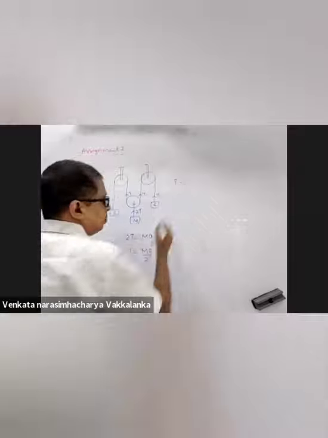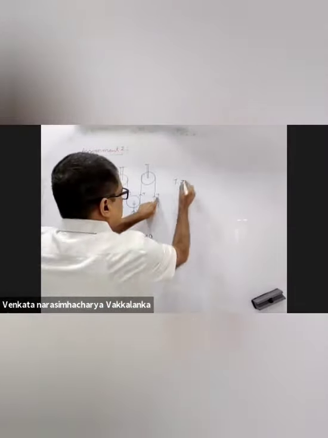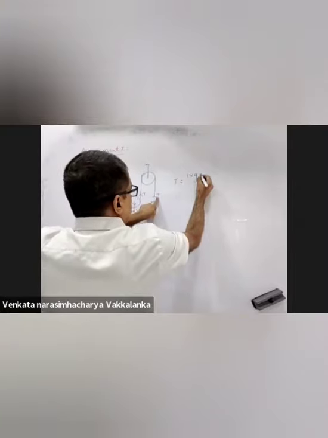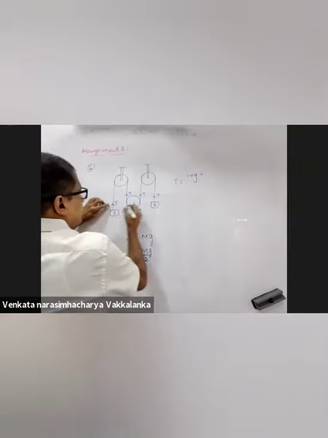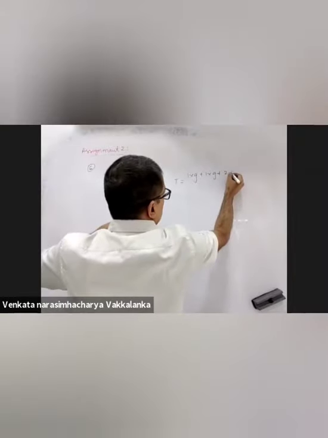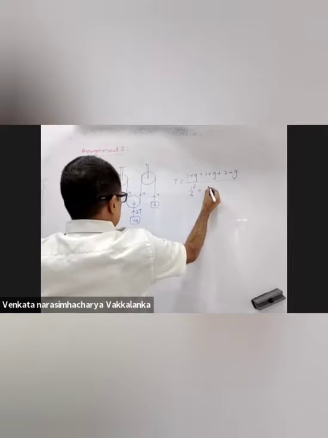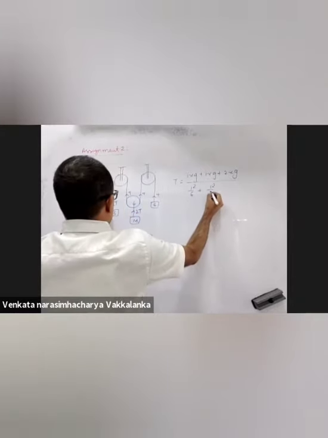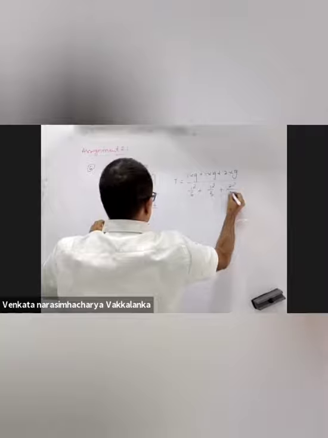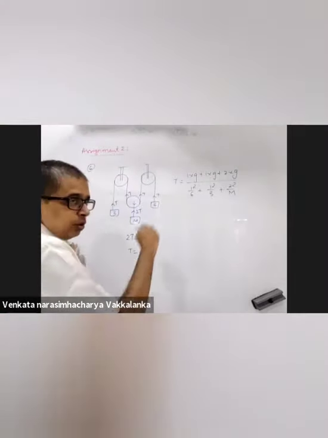Now what will T be? Instead of solving the dynamic equations, use the shortcut. What is the coefficient of tension here? 1 into g plus, here also it is T, 1 into g plus 2 into g upon 1 square by 6 plus 1 square by 3 plus 2 square by M. This was the formula I told to you.